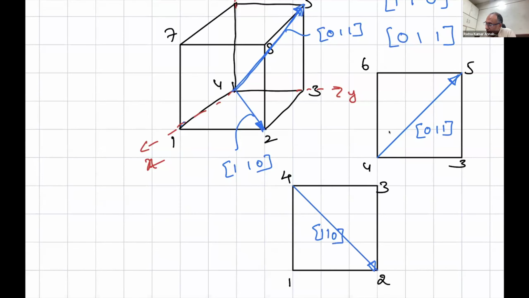Correct? And we know at each and every corner, you have identical atoms. Isn't it?